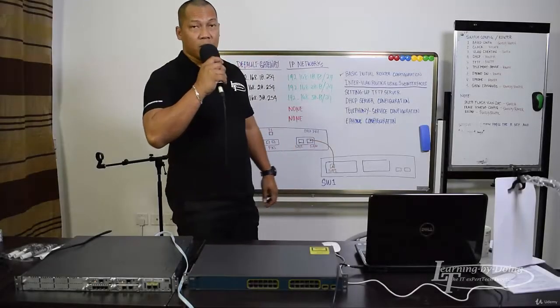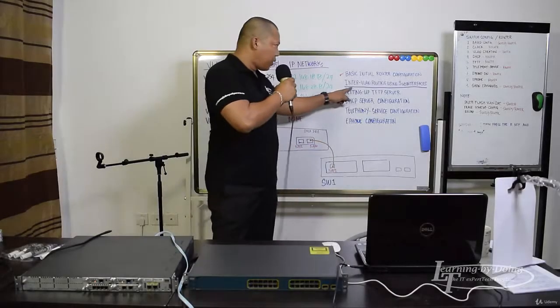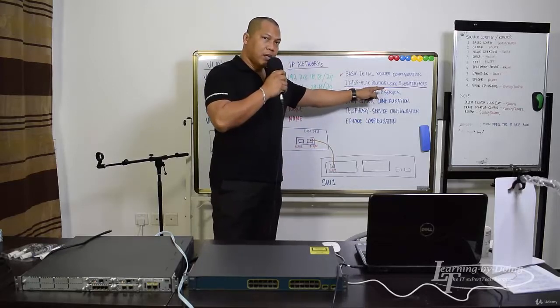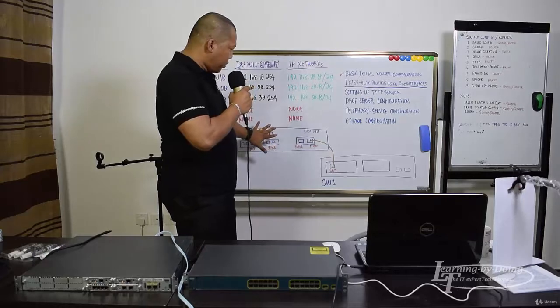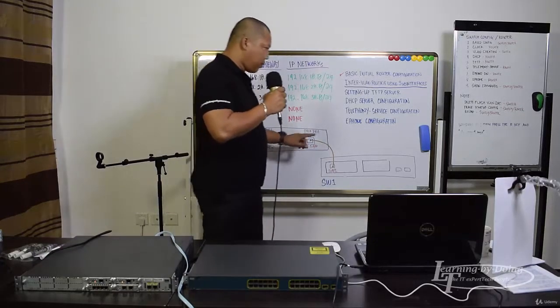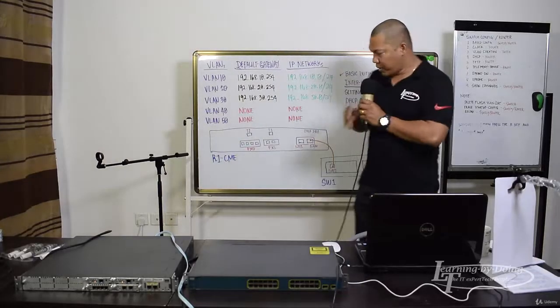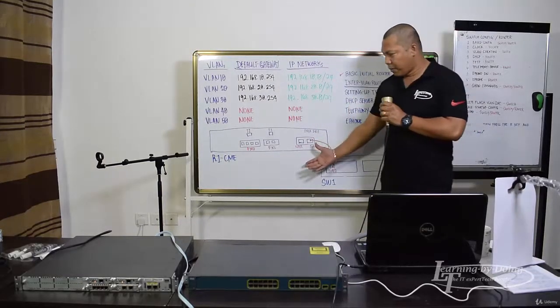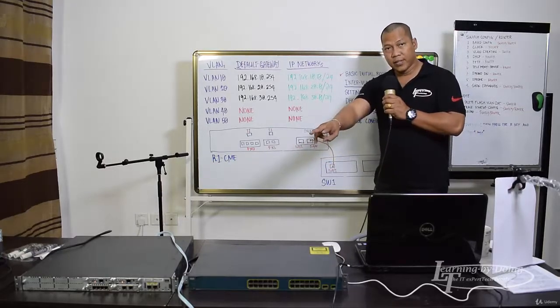In this video, we are going to talk about inter-VLAN routing using sub-interfaces. I prepared a simple topology on the board, and let me explain the basic topology of our CME for two devices.